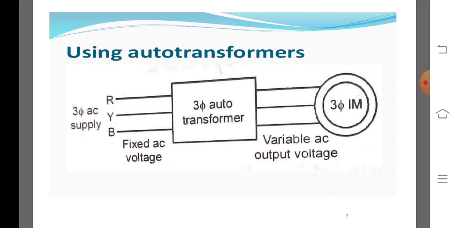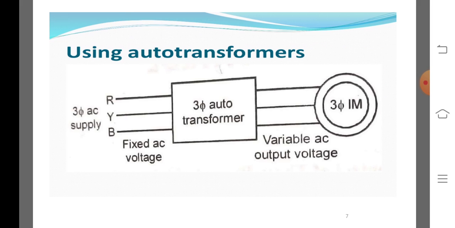This is the easiest and most economical method, but it is very rarely used for the following reason. A large change in voltage is required even for a small change in speed. This large change in voltage will result in a large change in flux density also. It will disturb the magnetic conditions of the motor, thereby affecting the performance of the motor.